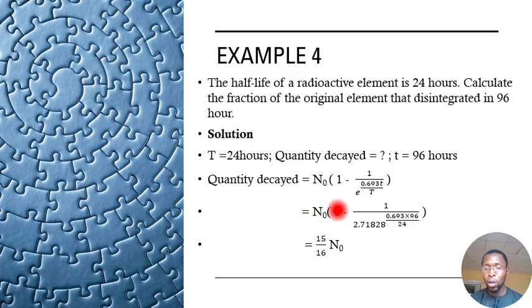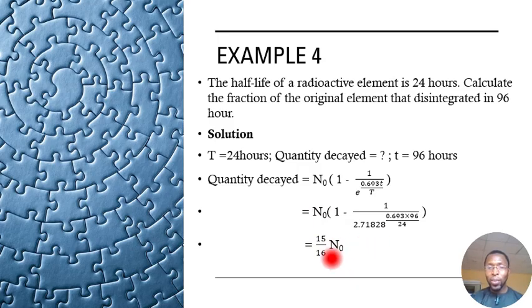So N0 open bracket 1 minus 1 over e, which is 2.71828, to the power 0.693 times our small t, 96, all over 24, that's our capital T applied. When you simplify all of this, you have a value of 15 over 16 N0. Since N0 is not given in the question, that's the original mass before decay occurred. So that is the amount of substance that decays after 96 hours.